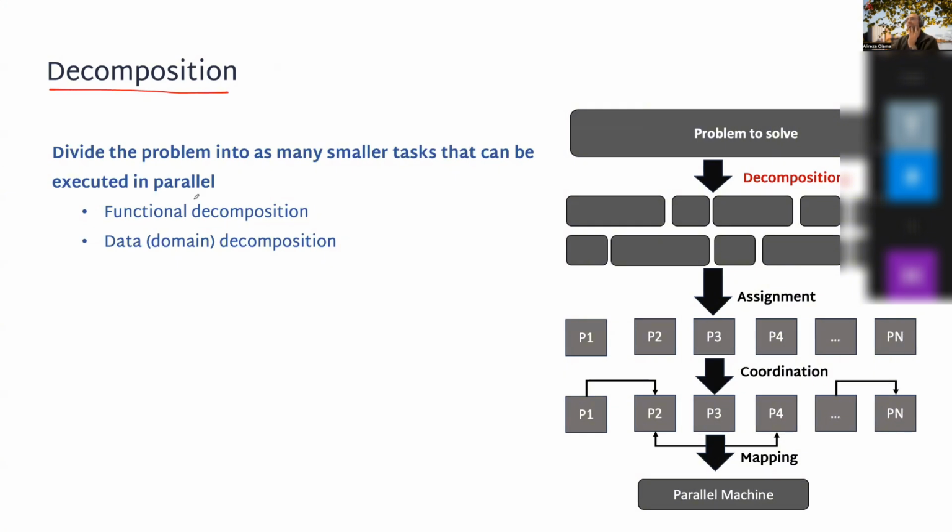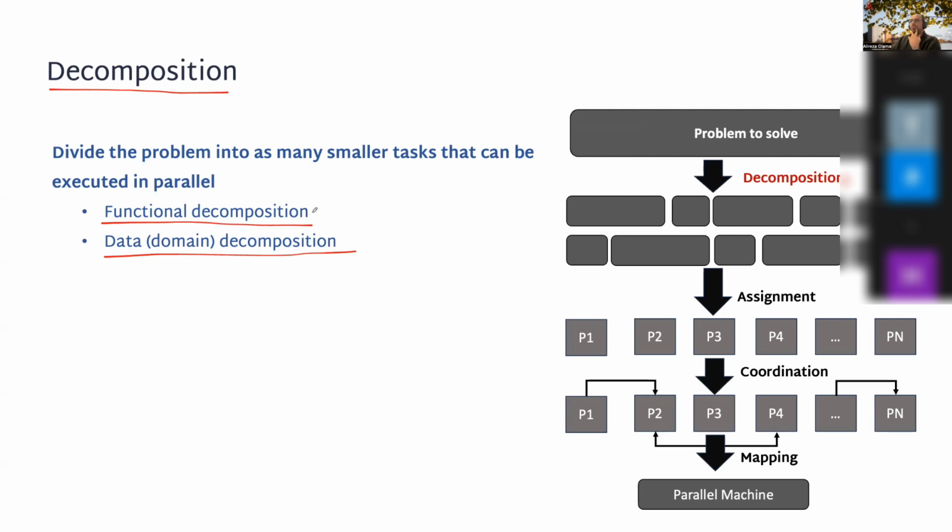You can have different decomposition paradigms if you want to decompose a problem. You can have a functional decomposition, where you decompose the problem based on different functionalities or tasks. Or you can have data decomposition. Assume you want to process a data set: you can decompose the data, make different partitions out of it, and then process each partition in parallel.